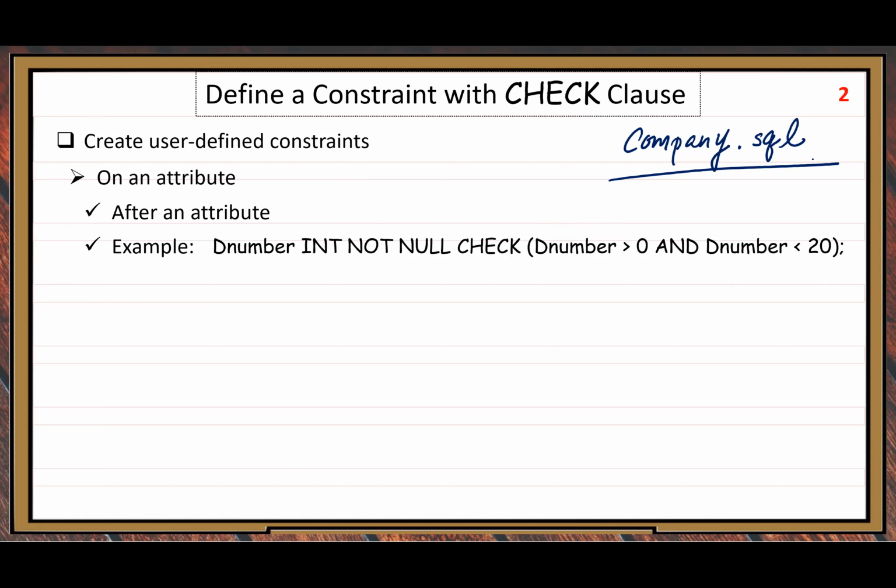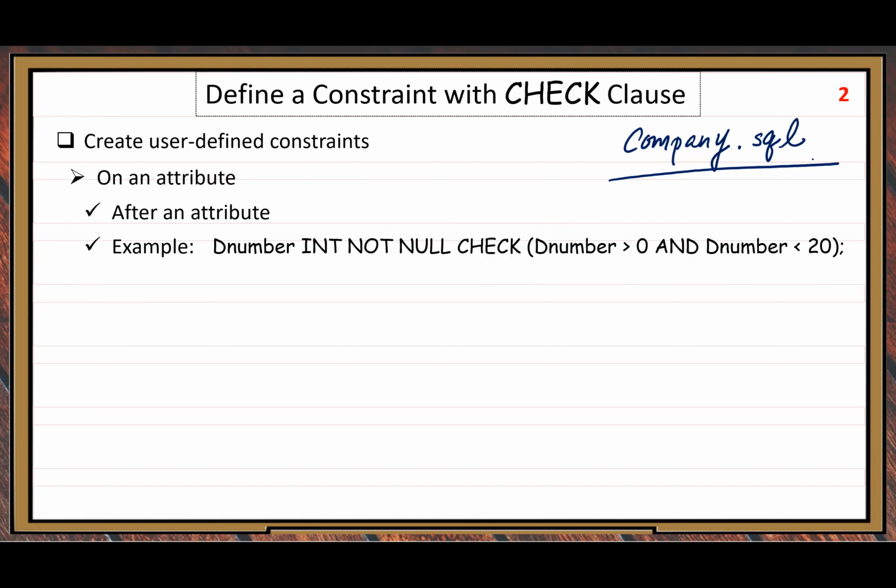It's a Boolean expression, true or false. D number greater than 0 and D number less than 20. So we provide a valid range for department number. With this constraint, do we have a name? We don't have a name for it, right? So we apply this constraint with no name for it.